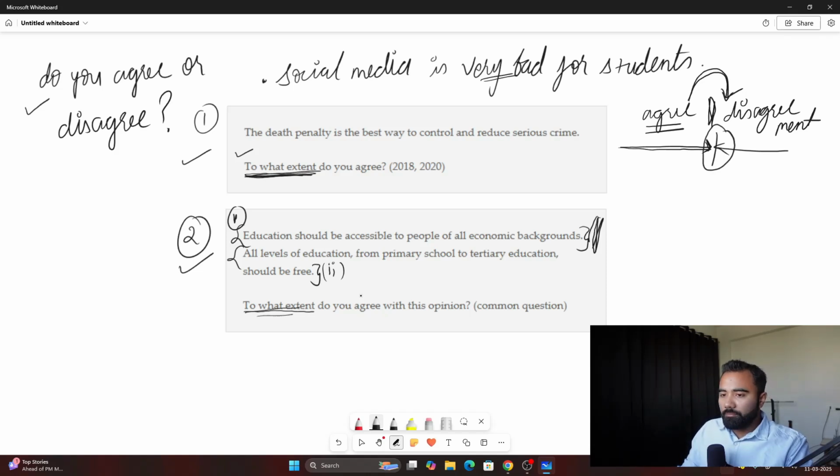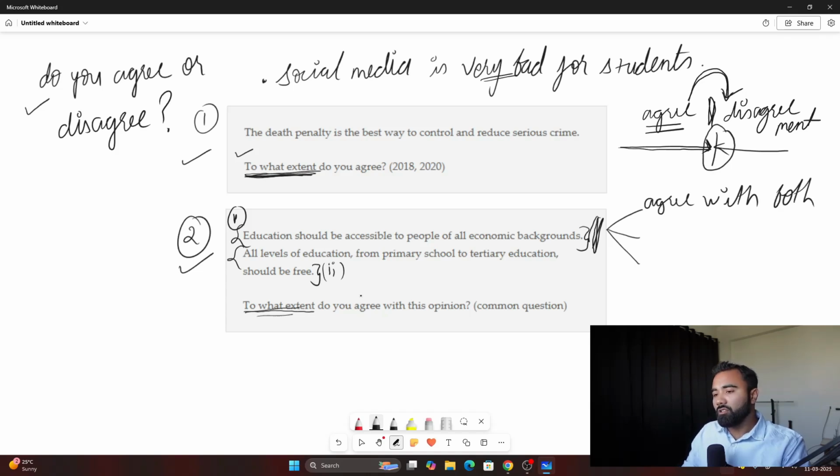So let's say now here there are three possibilities. You either agree with both. You should say, yes, I agree that education should be accessible to people of all economic backgrounds, and I also agree that all levels of education from primary school to tertiary education should be free.